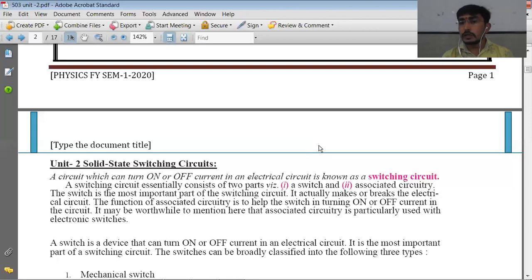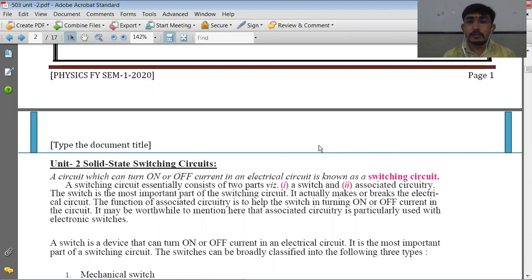So it has mainly two parts. First, a switch, and second is an associate circuit. The switch is the most important part of the switching circuit, which actually makes or breaks the electric current to the circuit.